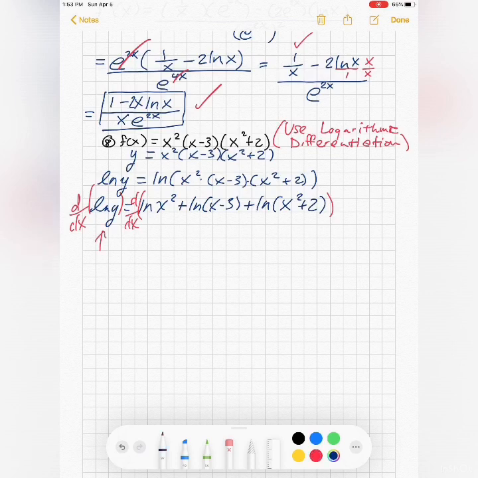On the left side here, I have to be careful. I'm actually using implicit differentiation because the derivative of ln of y is 1 over y. But then remember, I have to multiply by the derivative of the inside. So wouldn't that be dy dx, the derivative of y? Y is a function of x, right? Okay, what about on the right side? Derivative of ln of x squared, so 1 over the argument times the derivative of the argument.